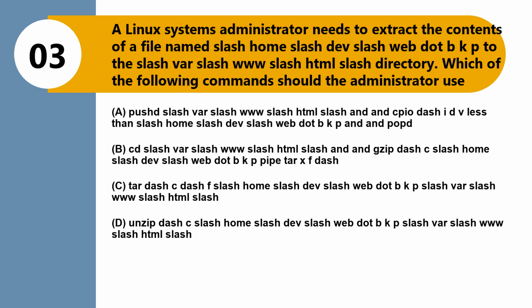Question 3. A Linux systems administrator needs to extract the contents of a file named /home/dev/web.bkp to the /var/www/html/ directory. Which of the following commands should the administrator use? Option A, pushd /var/www/html/ and cpio -idv less than /home/dev/web.bkp and popd.